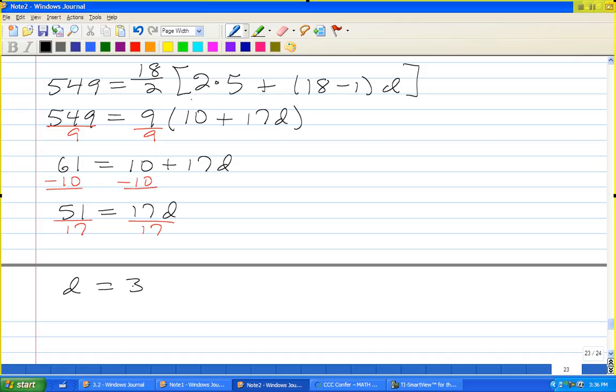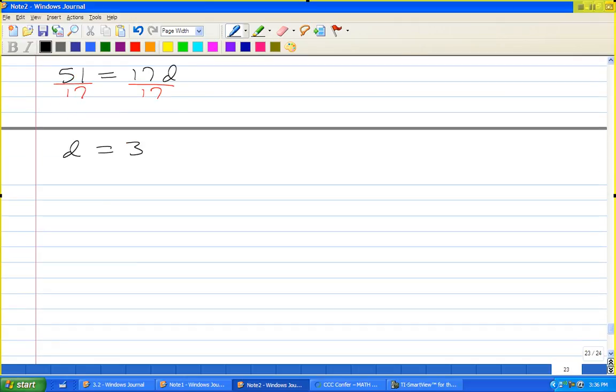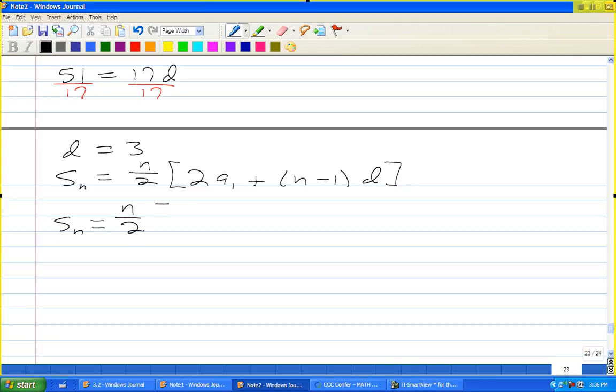And so my formula for the sum of the first n terms, S sub n equals n over 2 times 2a1 plus n minus 1 d, gives us n over 2 times 2 times the first term, which was 5, plus n minus 1 times d, which we calculated as 3.